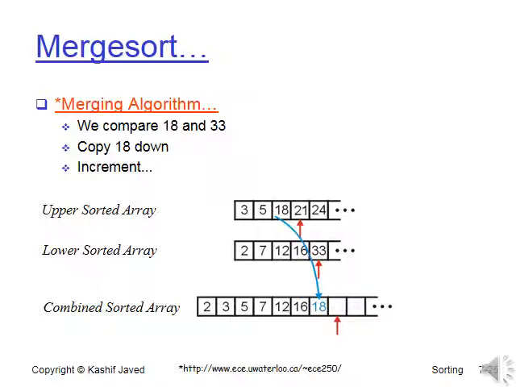Again, we compare numbers 18 from the upper sorted array and 33 from the lower sorted array. Since 18 is less than 33, we copy 18 down into the combined sorted array. Similarly, we increment the indices of the upper and combined sorted arrays.